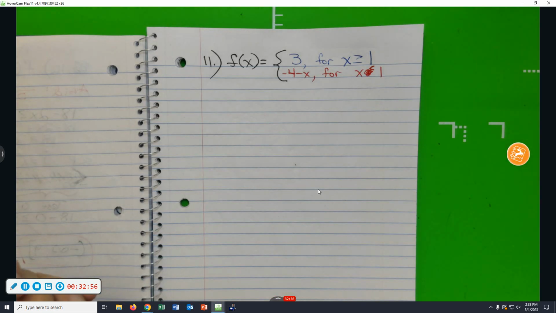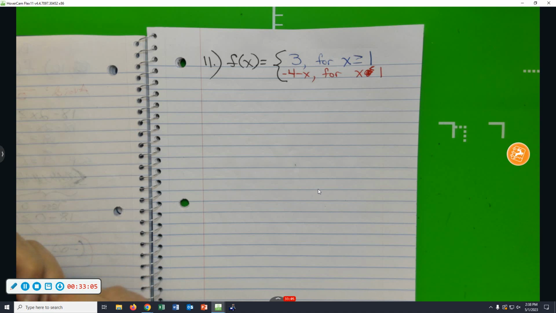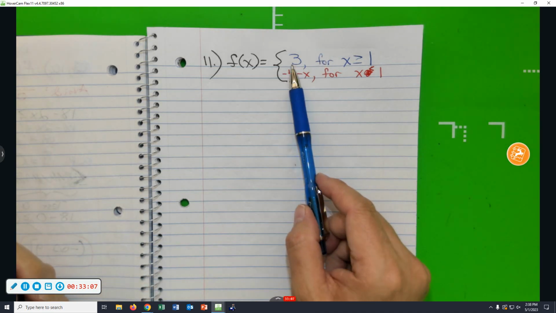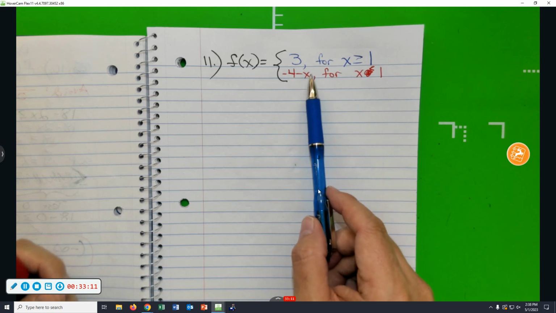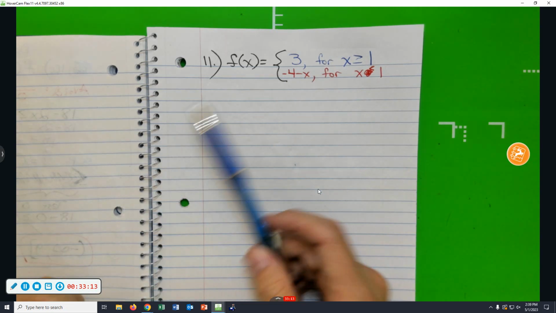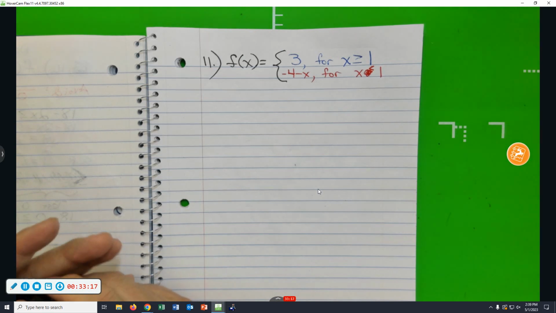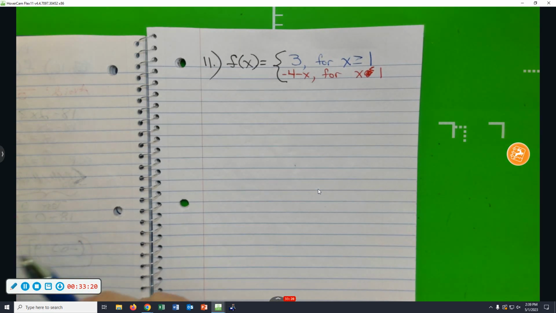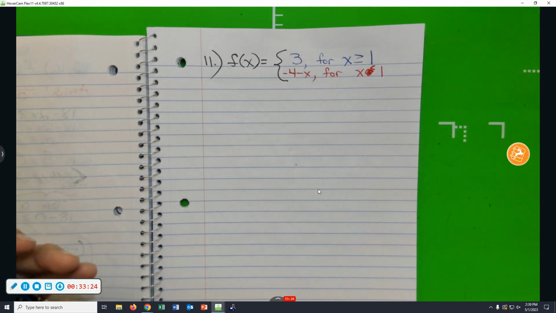Good. And what we would do to draw piecewise functions is plot points, but we plot the points intelligently. Y equals 3. Y equals negative 4 minus x. There's no exponents there. These are just lines. I guess they would each be classified as rays because it's just half a line. But we're going to make a table of values.